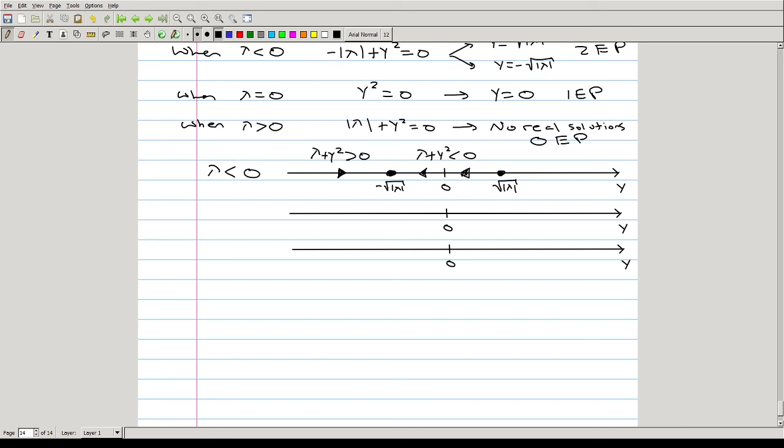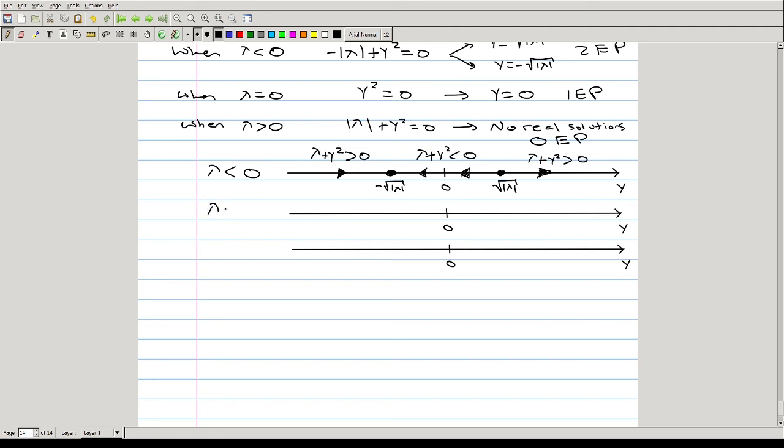So y will be decreasing. And when y is greater than the positive square root of lambda, lambda plus y squared is again going to be positive. So solutions are going to travel in this direction because the f function is positive.